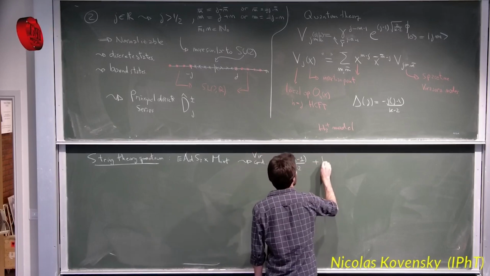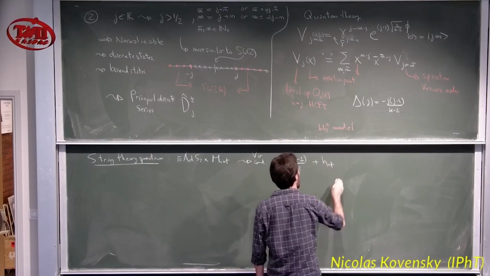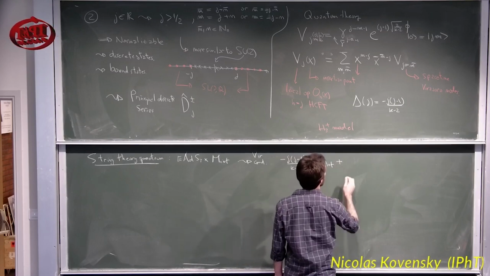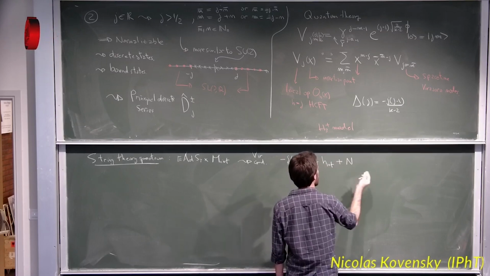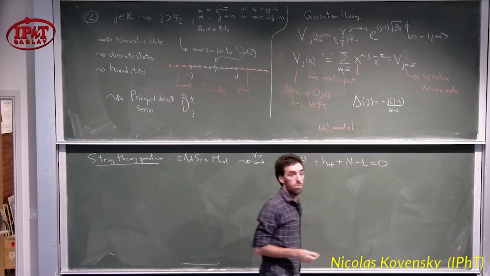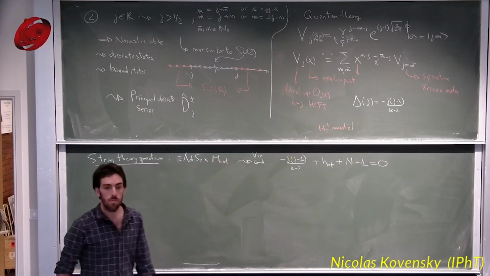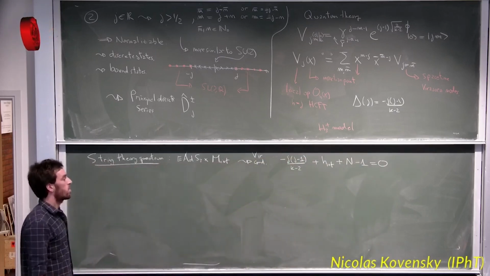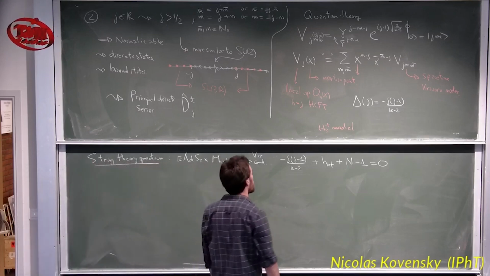And then you need to add the internal weight, and then you need to add the descendant level, and add the -1, and that needs to be 0. Okay? This is the Virasoro condition on the worldsheet.